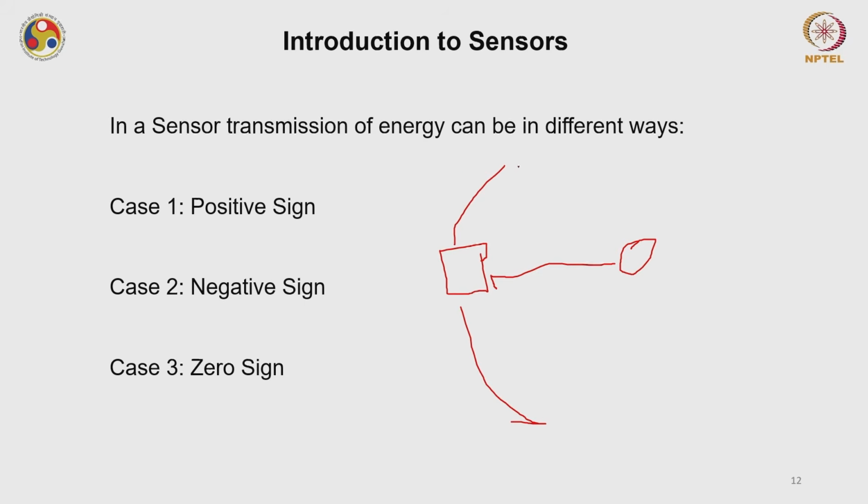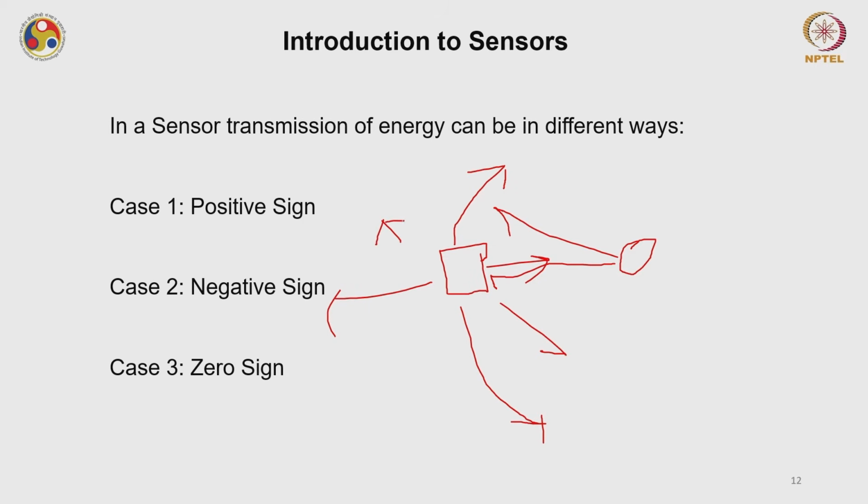Based on its movement, the information that it is exchanging with the object will keep on changing. It can have a movement like this, or at some angle also.